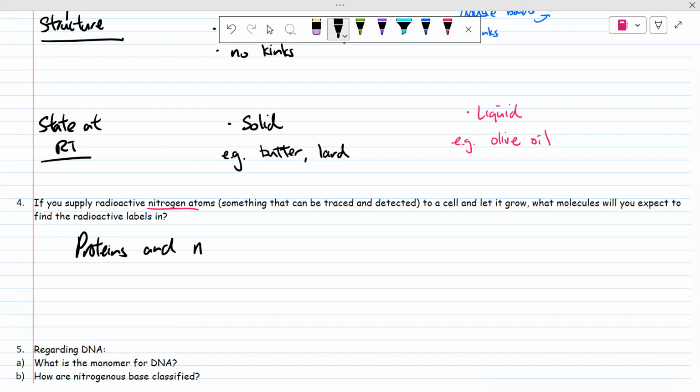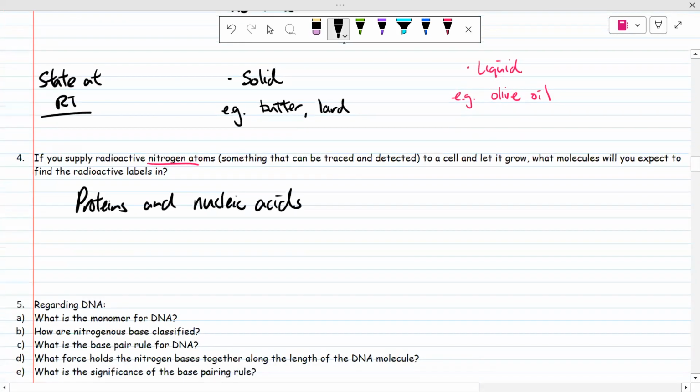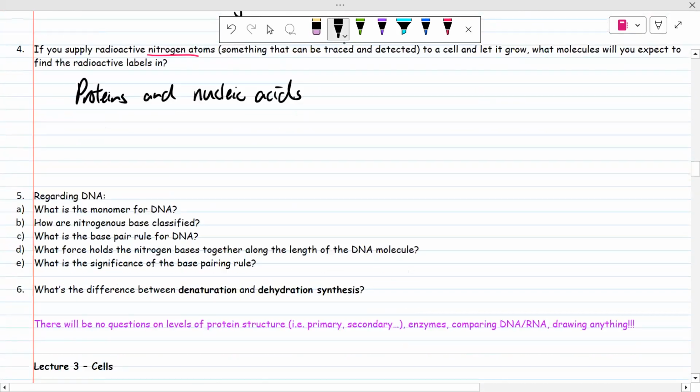Proteins and nucleic acids. These are the molecules that have nitrogen. You're not going to find it in glycogen or something. Glycogen only has C, H and O. Okay, moving on.